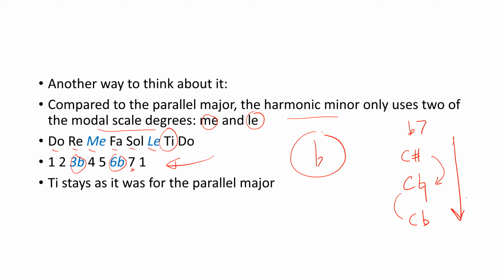But the process is flatting the note. I'm lowering it. C sharp lowered one chromatic semitone, C natural. Lowered again, C flat. So it's just an instruction to lower, not necessarily to add a flat. If it's a sharp note, we lower it by taking away the sharp first. Again, that's just a way in which pop and jazz musicians often think about these scales.